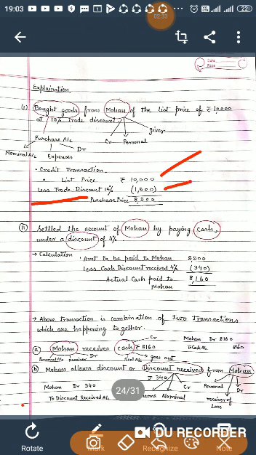The bracket shows a negative amount, so we deduct 1,500 from 10,000, and the remaining is 8,500. This is my purchasing price.